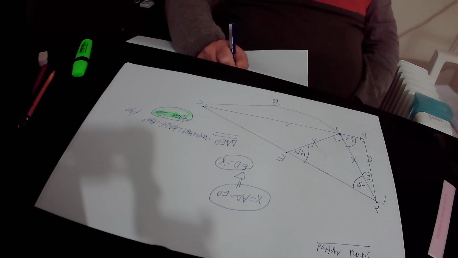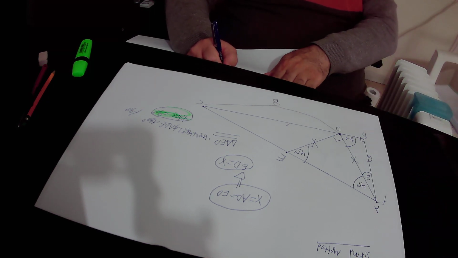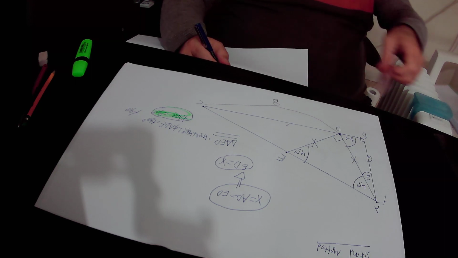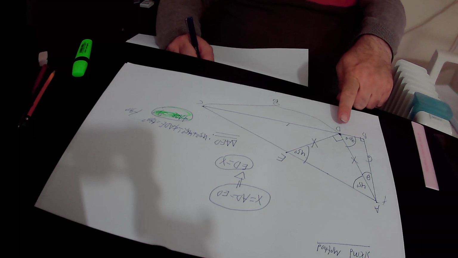So which angles do we have on the upper side of BC at point D? We have one angle that is equal to 90 degrees minus theta. We have this angle that is equal to 90 degrees.